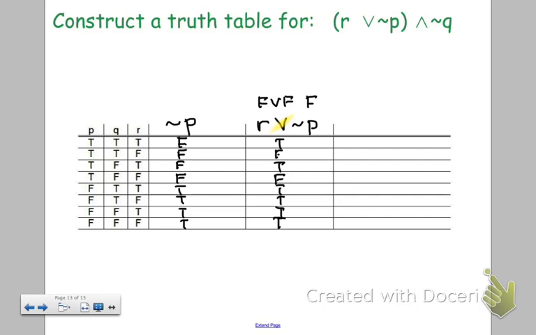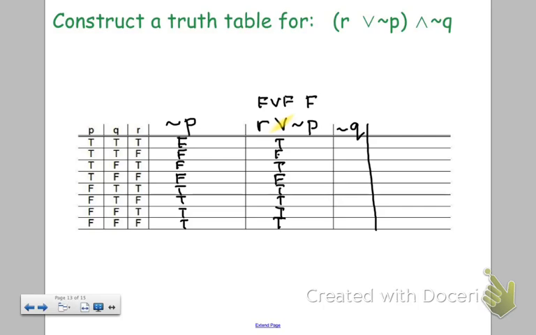Okay. Now, outside of those parentheses, I have an and not Q. I have not made a column yet for not Q, so the next column I need to make is not Q. Remember that when I fill in not Q, I need to reference back to my original Q column.